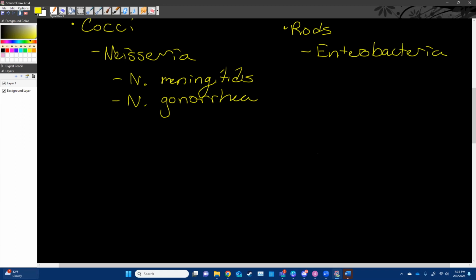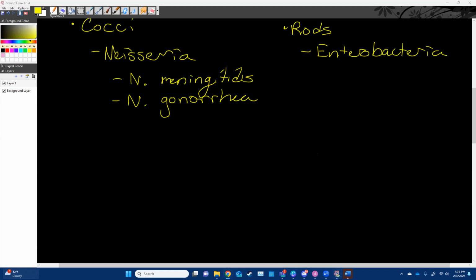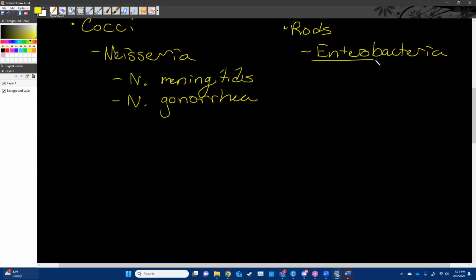When we think about the enterobacteria, what does the prefix entero mean?